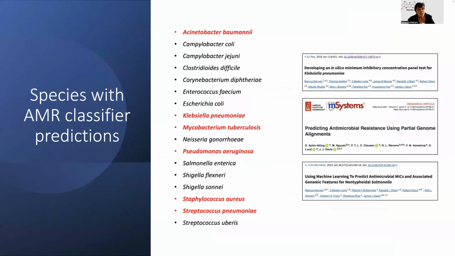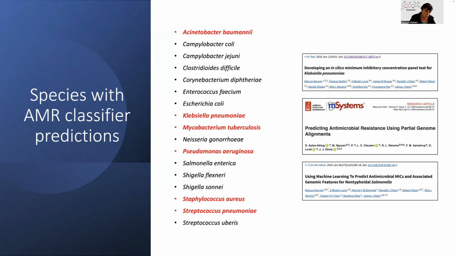These are the genomes that we currently have or will soon be bringing into BV-BRC that will have those classifiers, meaning that we can predict a phenotype. The ones that are highlighted in red are the ones that we have right now. The ones that are in black are ones that we will be bringing into the resource early in 2025.